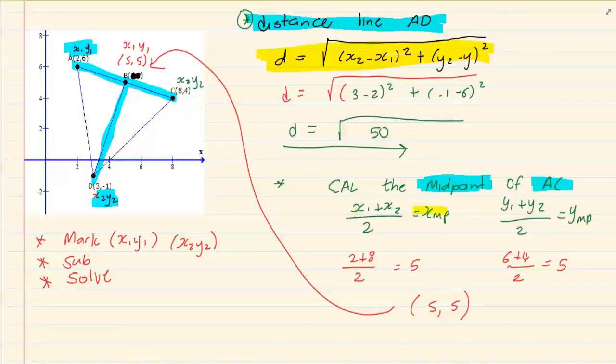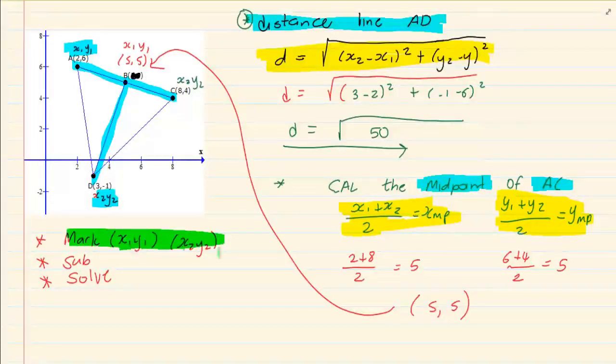Then your midpoint formula is x1 plus x2 over 2 is equal to the x of midpoint, y1 plus y2 over 2 is equal to the y of midpoint. At all times we're basically using the same 3 rules. You're going to mark your x1, y1, x2, y2. Then we are going to substitute into the correct formula, and at the end we're going to solve.